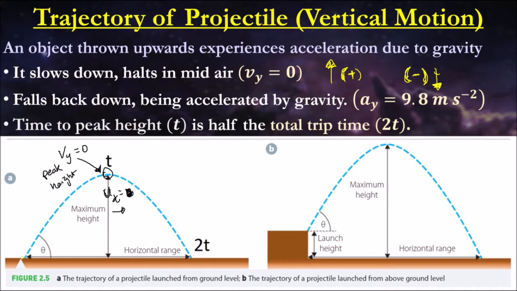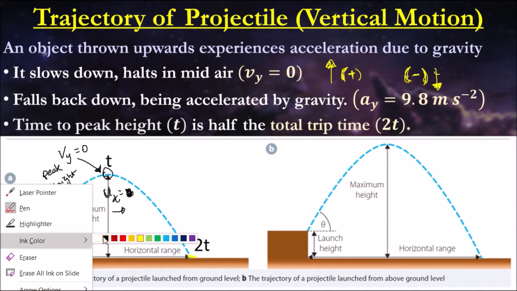If we launch an object on a flat surface and the actual distance or where it lands is on the same height as which you launched it, then you can actually work out some really interesting things.